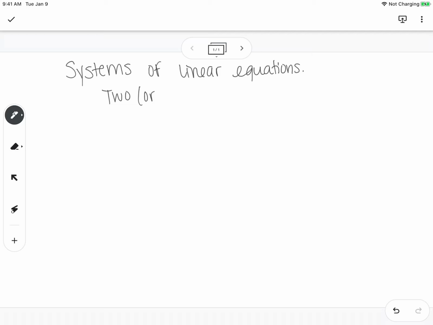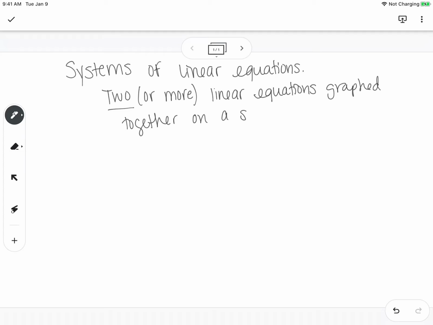In Math 3 and beyond, you start looking at systems of three and more, different types of equations. So I'll say two or more, but in here we only practice with two. Two linear equations graphed together on a single coordinate plane.